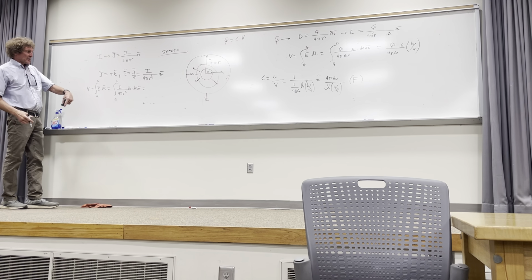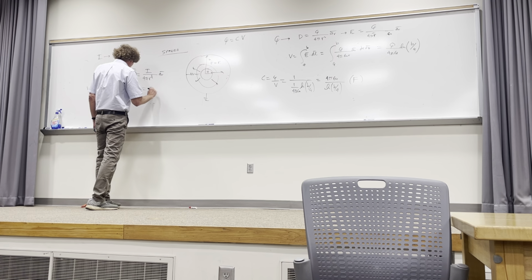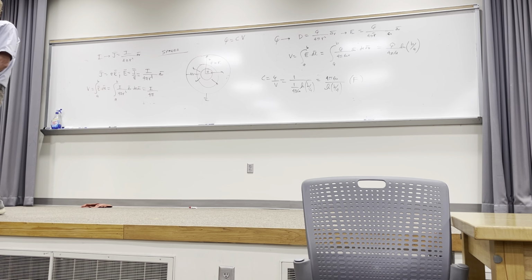So AR dot AR is 1. Then I take out the constants, I have I over 4 pi. And what is 1 over r cubed? That's like integrating r to the minus 3, so it's 1 over 1 minus 3, or really minus 1/2.